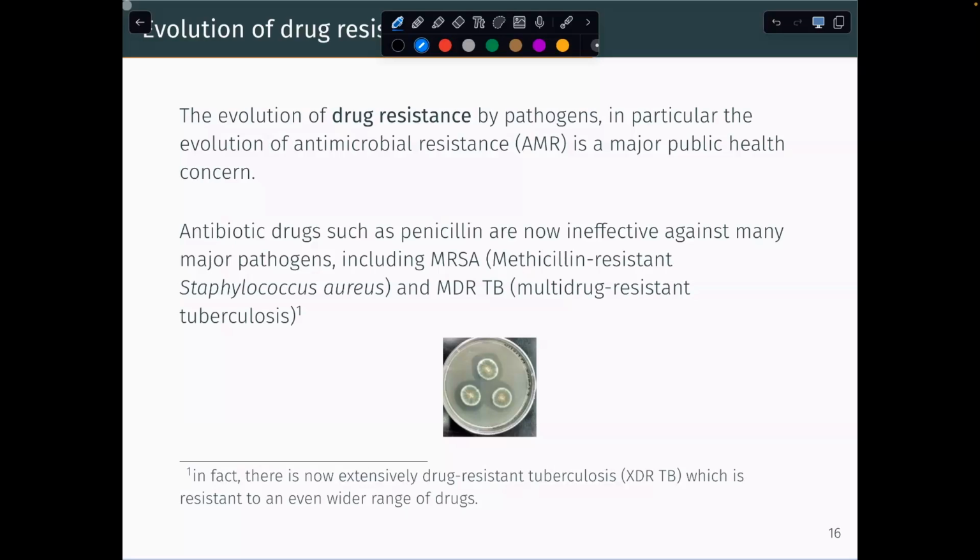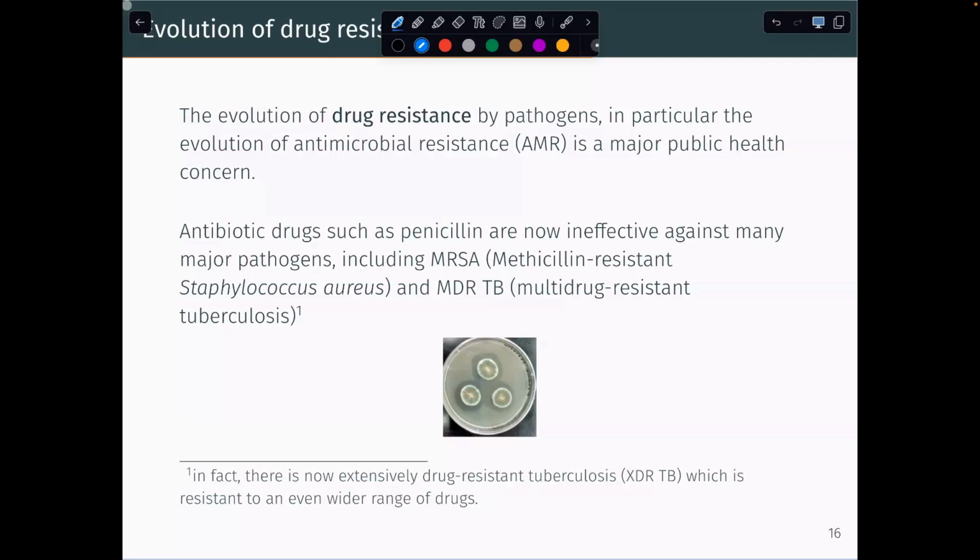There's multi-drug resistance and even extreme drug resistant TB. Essentially, by using antibiotics like penicillin and its derivatives, we've pushed pathogens to evolve drug resistance. And this has spread extensively over the last century.